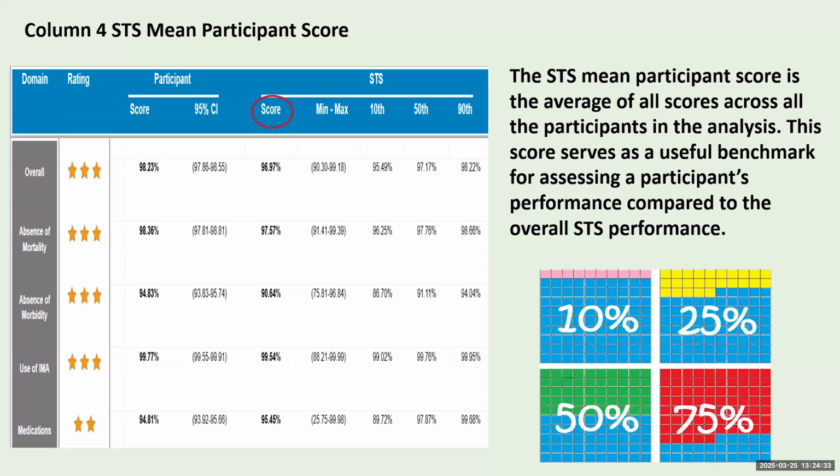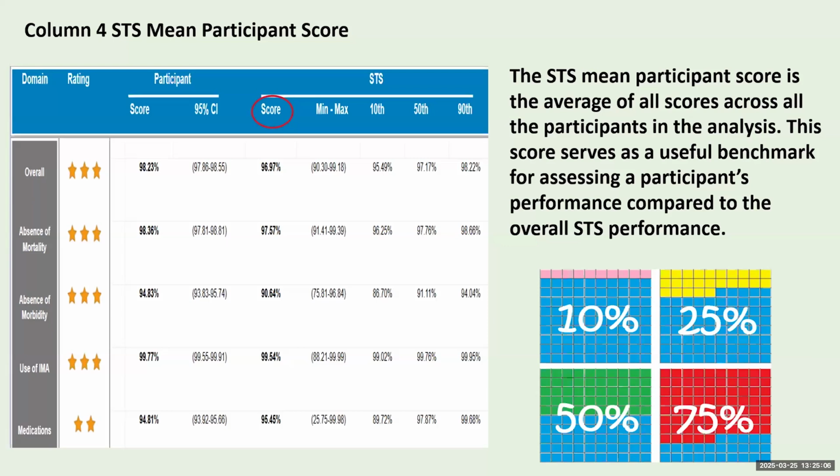The STS score is 99.54, which is just below the lower range of the confidence interval, which is the statistical assumption. We're saying the site's falling somewhere in between. So statistically, the site's lowest range of that confidence interval is greater than the STS score, which is going to give the site 3 stars for that internal mammary artery measure.